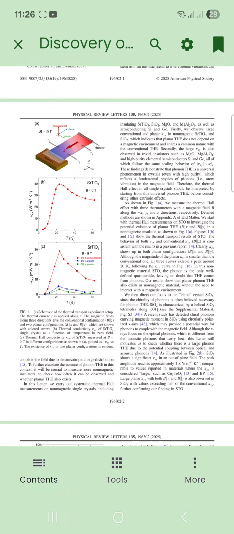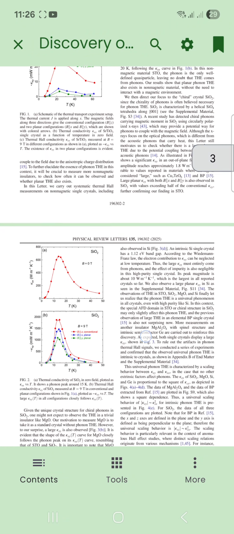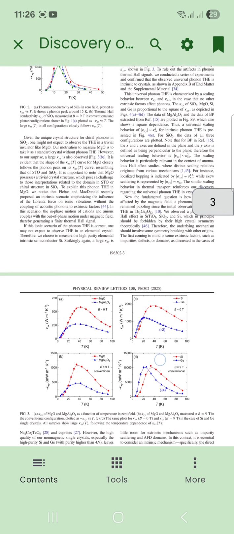So it was expected, and they observed this signal. Similar behavior is also observed in silicon dioxide, and now again they investigated magnesium oxide. So this is a highly symmetric crystal, and it is also non-magnetic. So one should not expect this kxy signal in this material.